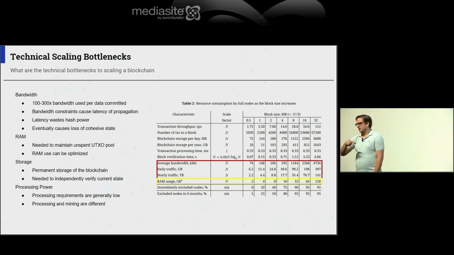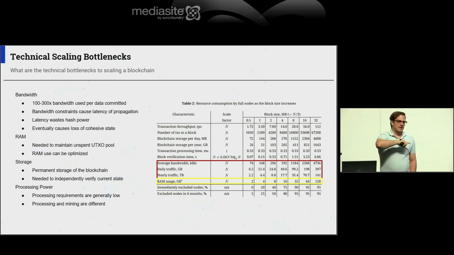And in Bitcoin, 1 to 300 times the bandwidth is expended per unit of data that's actually committed to the blockchain. So if I commit 1 megabyte to the blockchain, the average node took 100 to 300 megabytes of communication traffic back and forth to do that, and that's actually the true present limitation of blockchains.